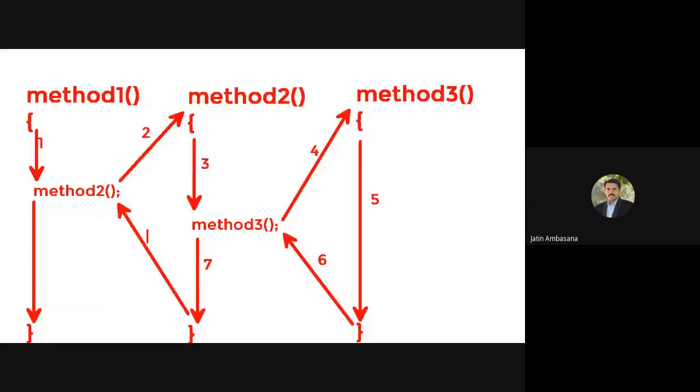Once it finishes, control returns from method 2, and then method 1 executes or completes the execution. So this is the regular or normal scenario. Yes. Now what if at some point like this, over here, the exception occurs.